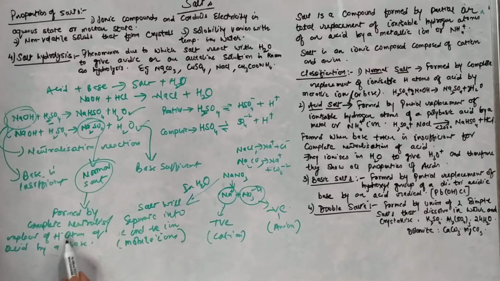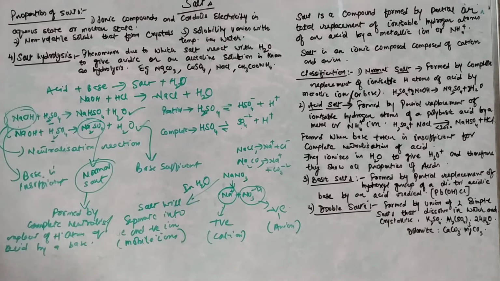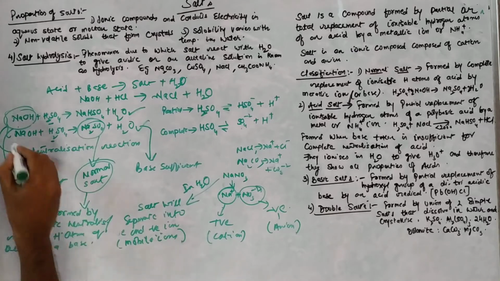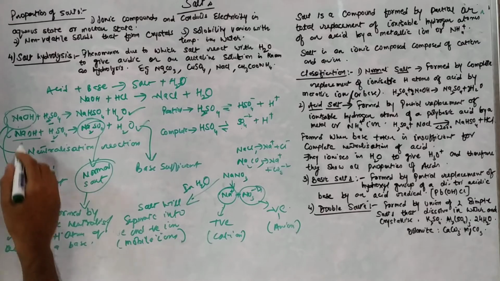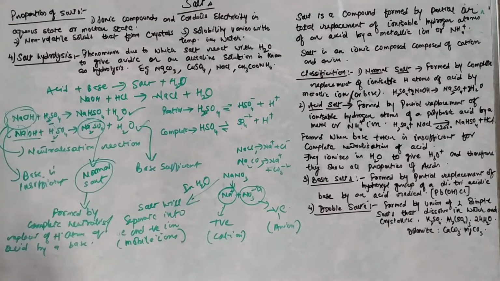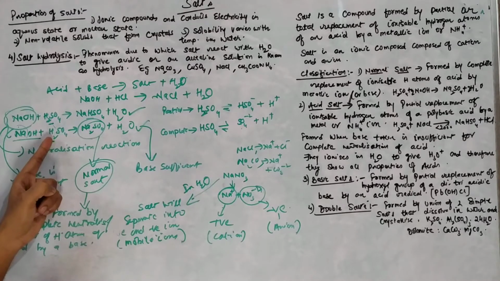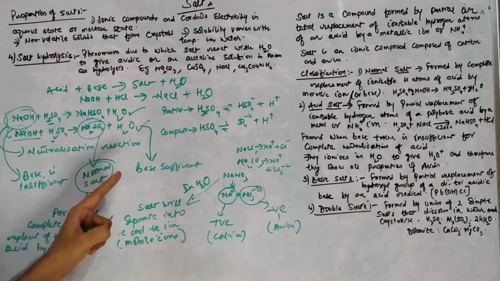Here, complete replacement of hydrogen atoms of the acid means that both the hydrogen atoms of the acid are replaced by the sodium atom of the base. The sodium atoms have replaced both the hydrogen atoms, giving you Na2SO4. So salts formed by complete replacement of hydrogen atoms of acid are known as normal salts.